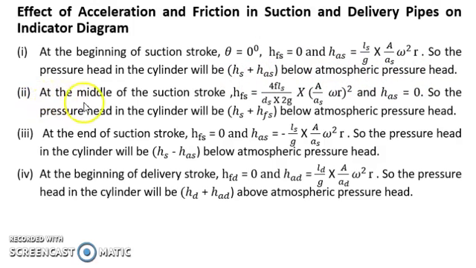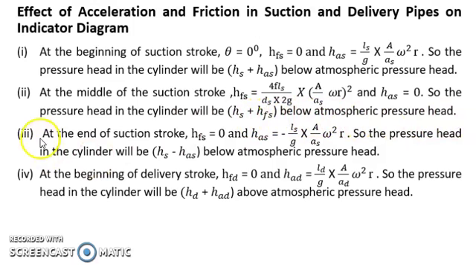We also know that at the middle of the suction stroke, HFS is equal to 4FLS divided by ds into 2g multiplied by (A upon AS omega r) square, and HAS is equal to 0. So the pressure head in the cylinder will be HS plus HFS below atmospheric pressure head.